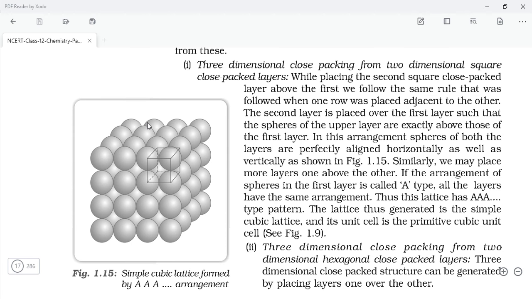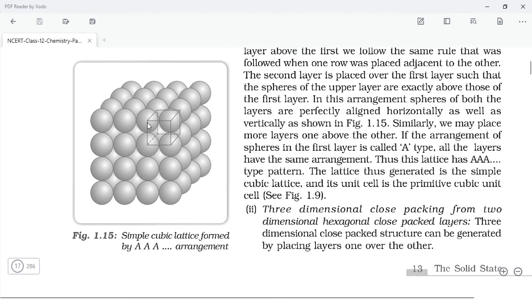First of all, it is the AAA arrangement, where you just keep on putting the 2D structure, the first 2D structure that we studied, repeating those structures one after another, layer by layer, and you'll get the first three-dimensional close packed structure.